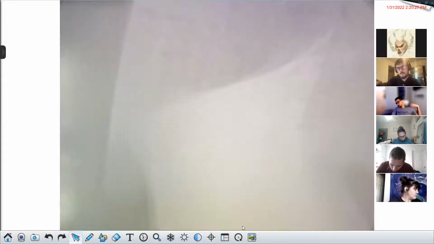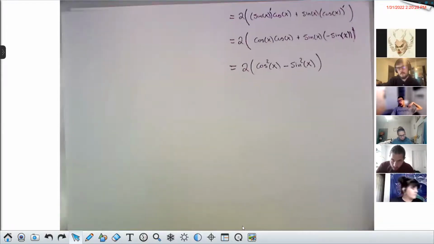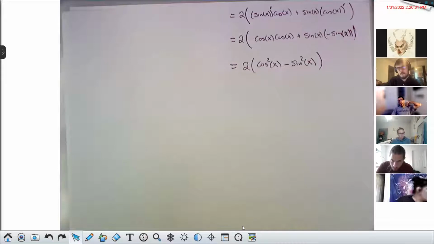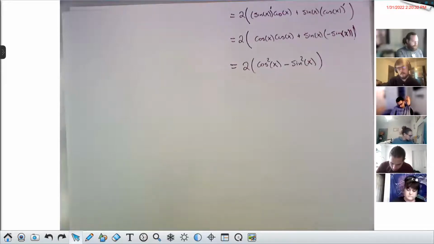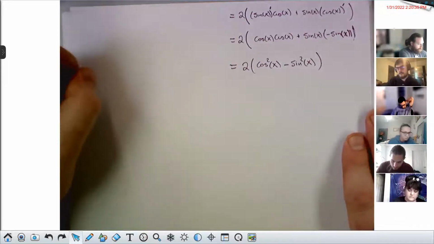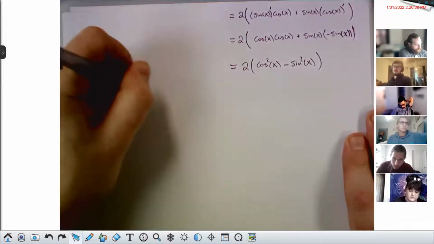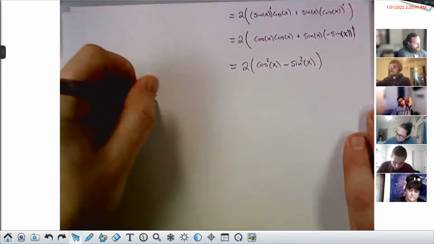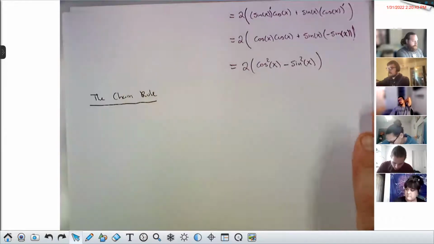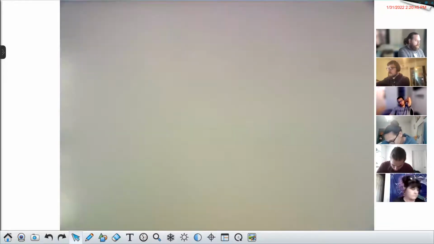So let's get into the meat of the lesson then. Today is really about the chain rule. There are so many ways to write the chain rule.